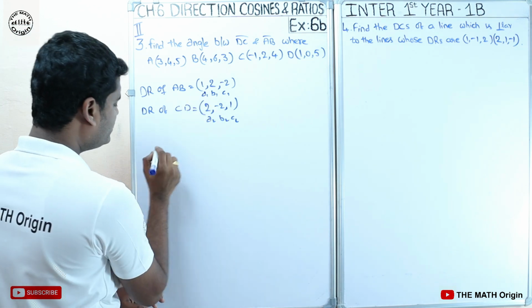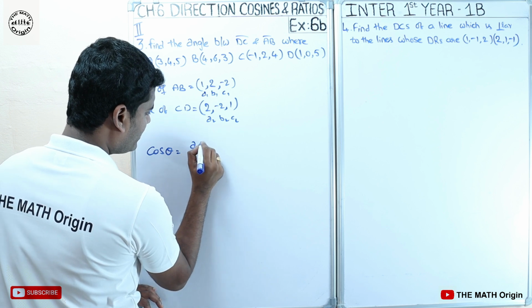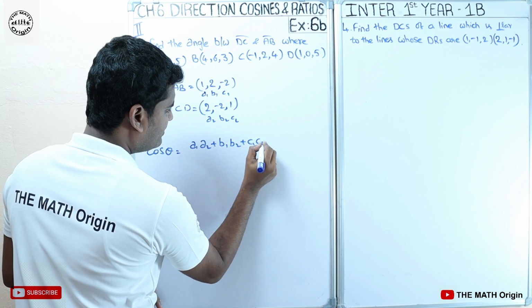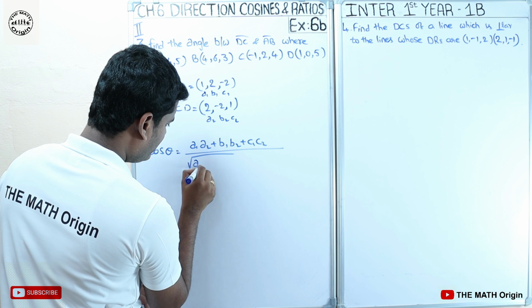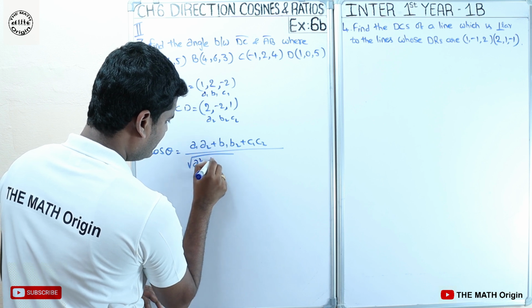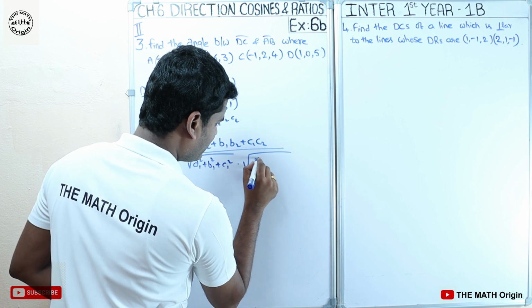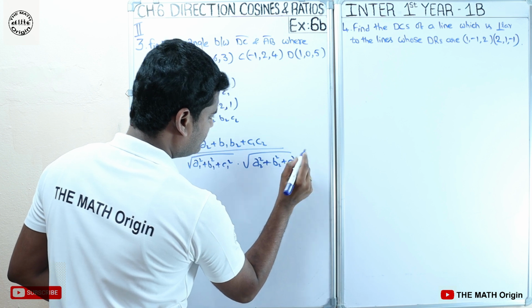For direction ratios, to find the angle we have a formula: cos theta is equal to A1 A2 plus B1 B2 plus C1 C2 by root of A1 square plus B1 square plus C1 square into root of A2 square plus B2 square plus C2 square.